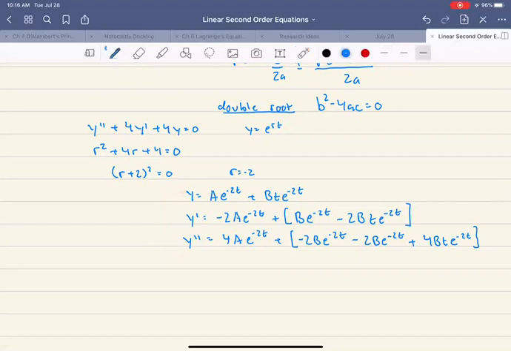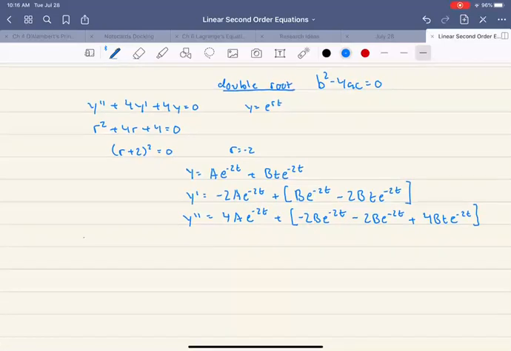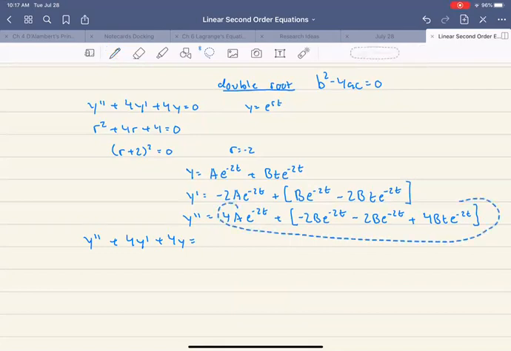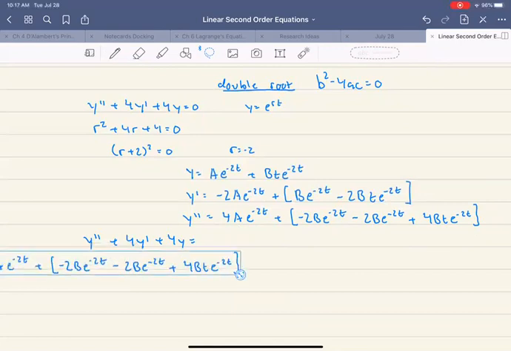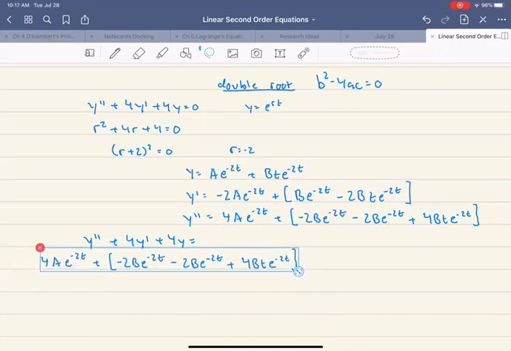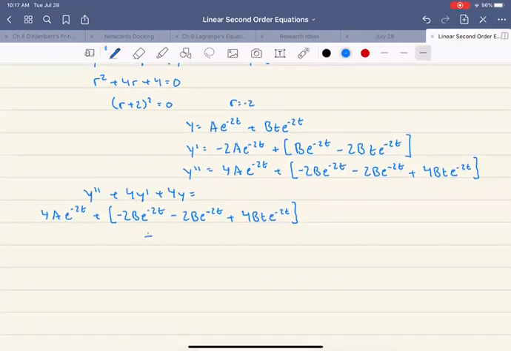Okay, now let's go ahead and put these terms back into the differential equation. So y double prime plus 4y prime plus 4y equals. So let me write this. There's our y double prime, plus 4 times y prime.